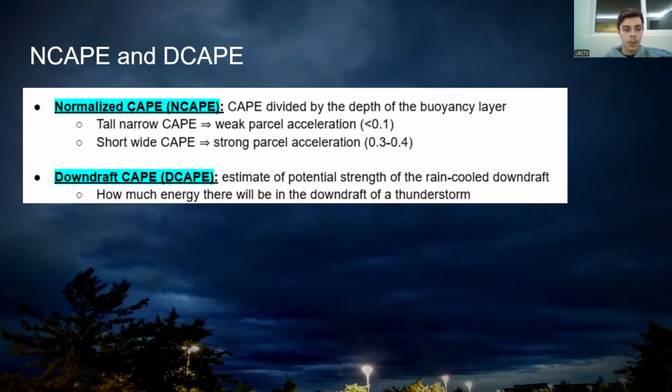Tall, narrow CAPE, I already said, has weaker parcel acceleration. Short, wide CAPE has stronger. DCAPE, or downdraft CAPE, is an estimate of the potential strength of the rain-cooled downdraft. It's how much energy there will be in the downdraft of a thunderstorm.